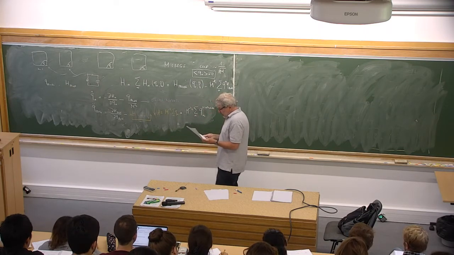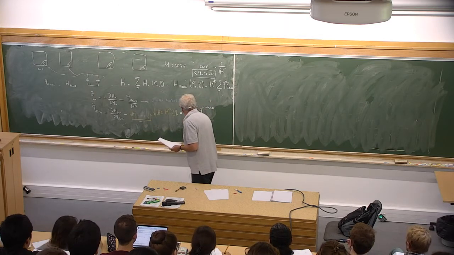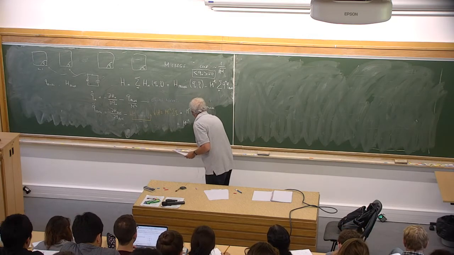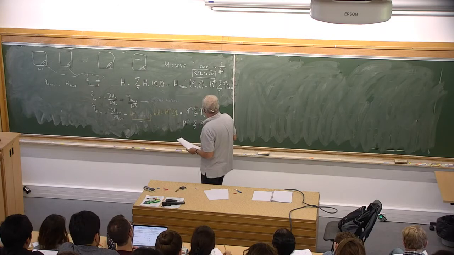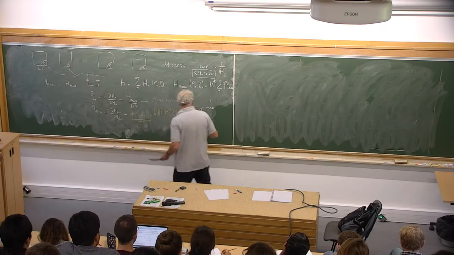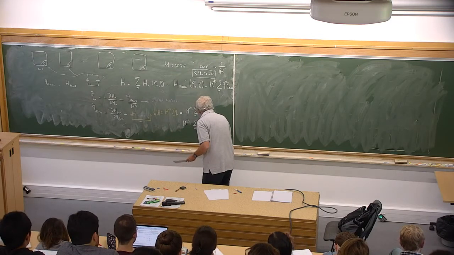So I need to assume that there is a delta of Q due to the effect of the probe, induced by the probe.